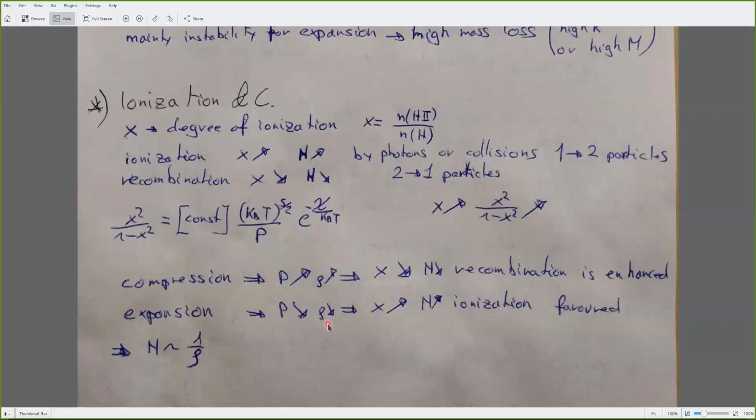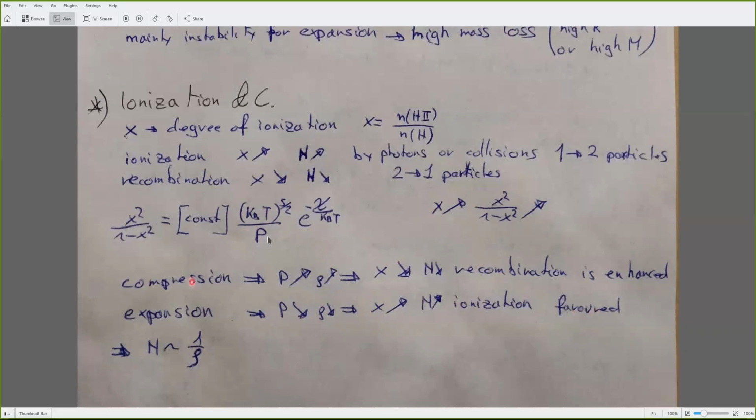The density decreases. If the pressure decreases, this increases, so this increases the degree of ionization. We have an increase in ionization and an increase of the particles, and the ionization is favorable with an expansion.